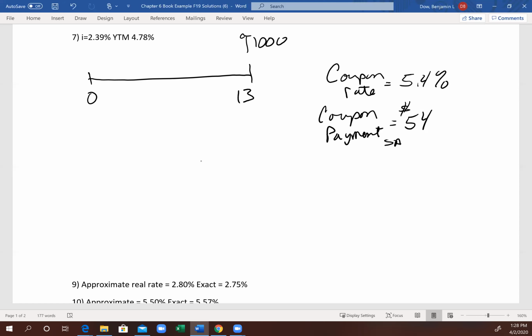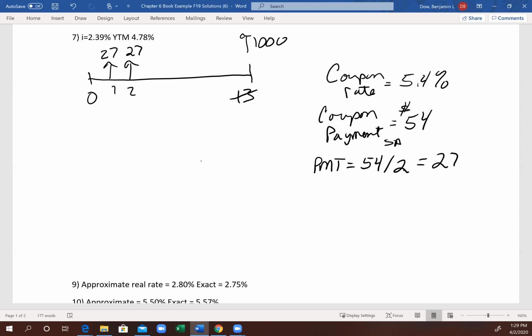So the per period payment that we use for our calculation is 54 divided by 2, which is $27. So that means we're going to get $27 every 6 months, or $54 a year.